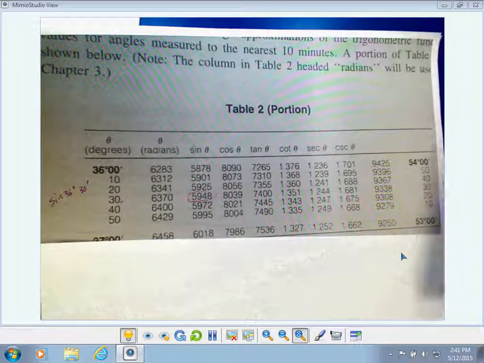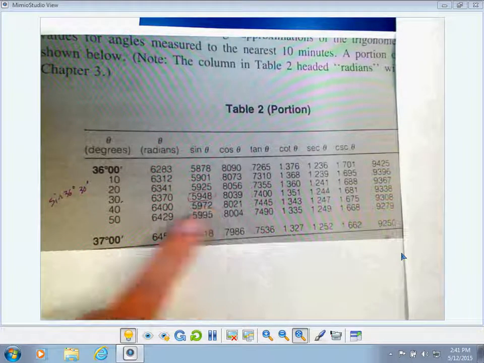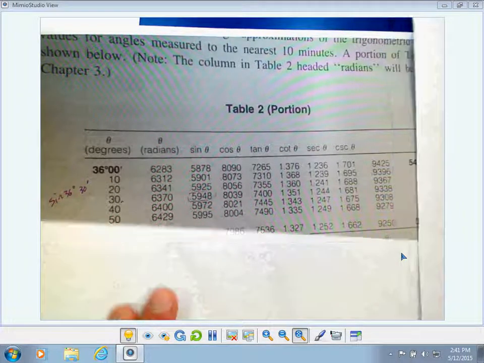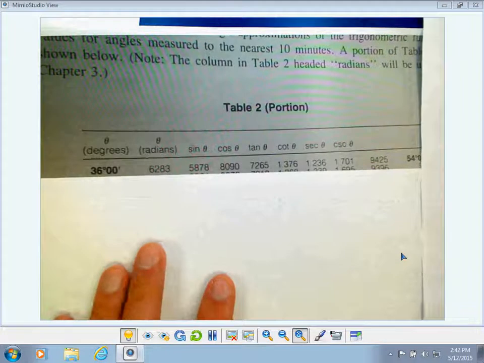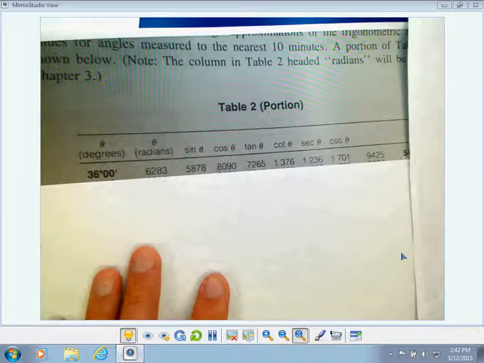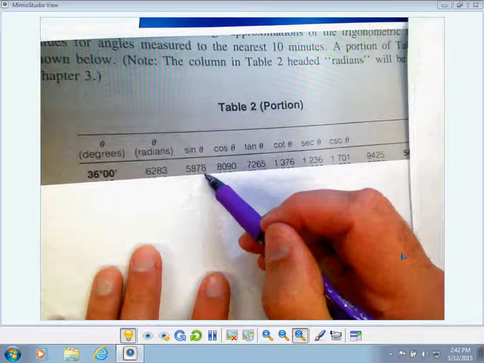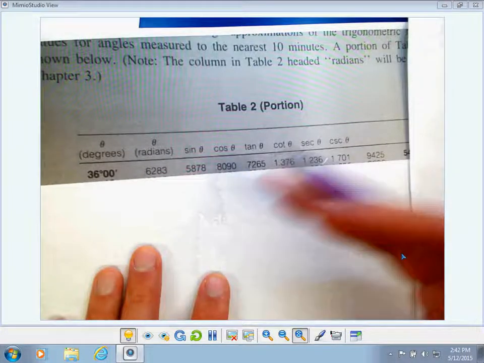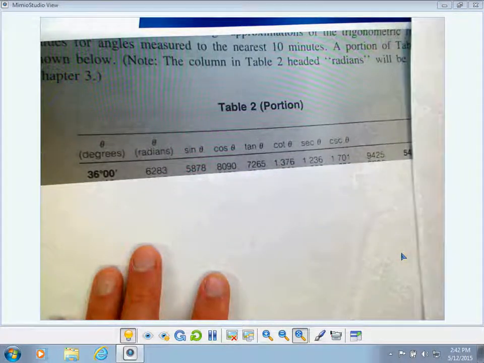For example, the sine of 36 degrees, let's focus on just a simple one. The sine of 36 degrees is 0.578, and it's also the same thing as the cosine of its opposite angle.